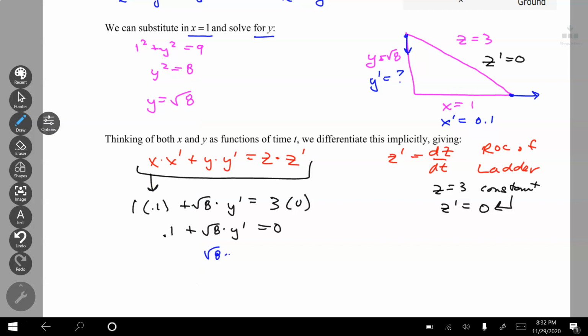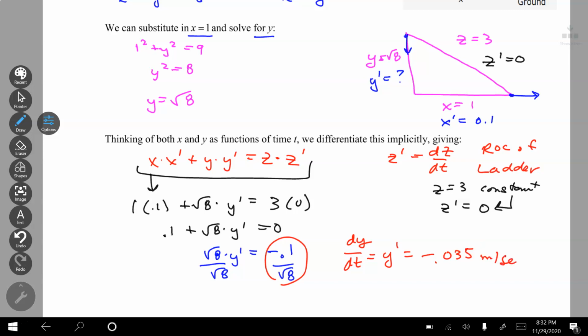I get radical 8 times y prime is equal to negative 0.1. I divide by square root of 8. And I get my dy over dt, or my rate of change of my y side, the vertical side, is equal to whatever this decimal is in your calculator. I put it in, I get negative 0.035. And let's see, my units were meters per second. It is negative because that side is falling down.